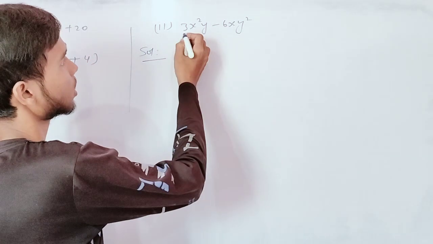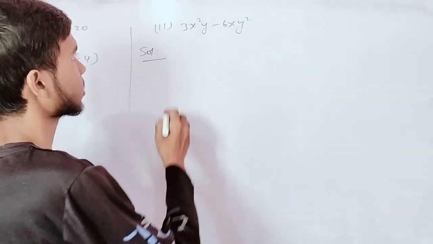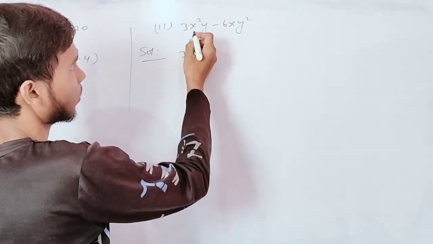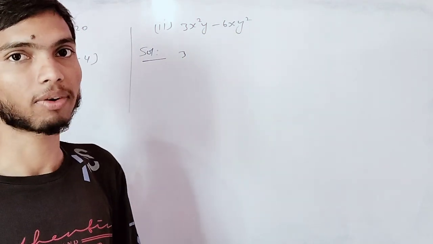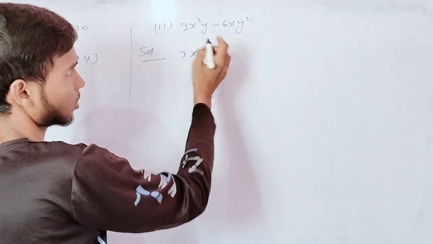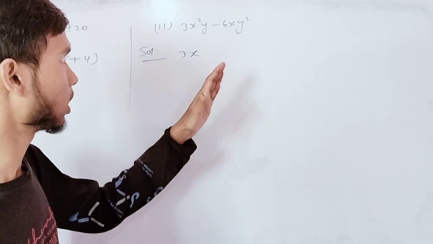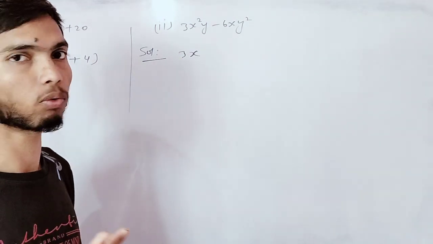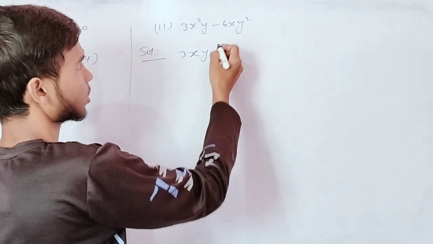That's why here first of all 3 ones are 3, 3 twos are 6. So 3 can be taken as a common. Now what else? Here x square, and here is only x. So we can take only x, because hold on, and now here y and here y as well. In both terms there is y, so that's why I am taking only one y as a common.